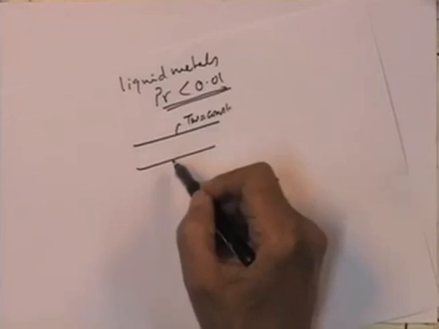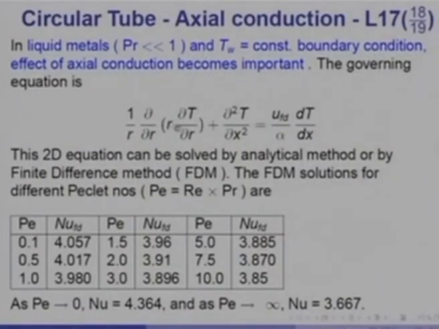Then the governing equation would look as I have shown here. There will be the radial conduction term and the axial conduction term equal to UFD by alpha dT by dx.